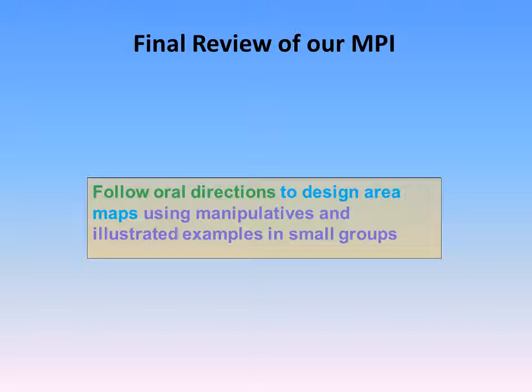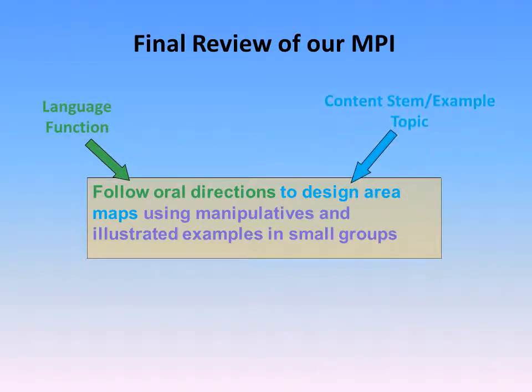So the first section in green, what is that? The language function. The second section in blue, the content stem or example topic. And then finally in purple, the instructional support.